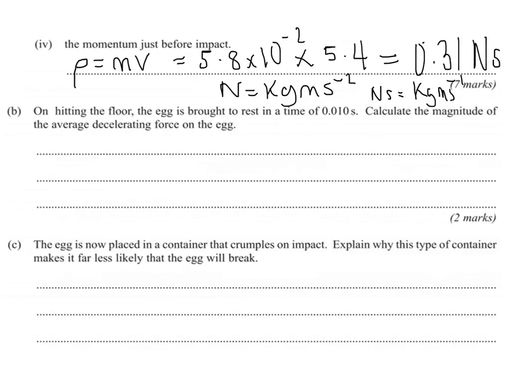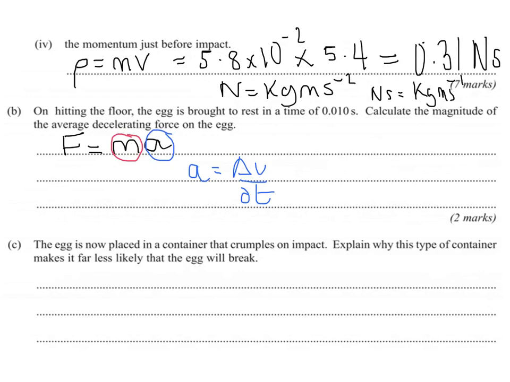Okay, so the next question asks you to calculate what the average decelerating force is. So the first thing you think about is how do we go about calculating a force? So obviously we're going to use the equation F equals ma. Okay, so we currently know what m is already, so what we need to do is calculate a. Obviously we know that a is equal to the change in velocity divided by the change in time.